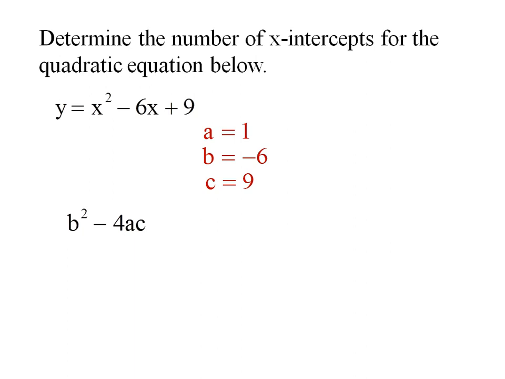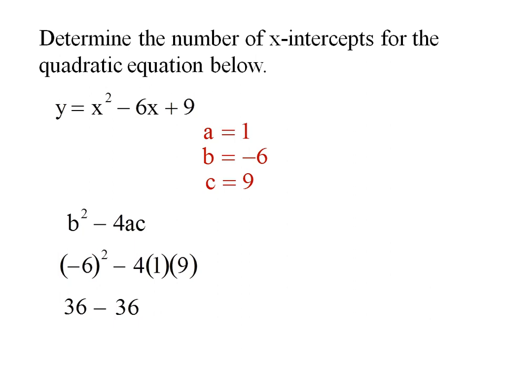So when you substitute in your values for b squared minus 4ac, you end up with, again, don't forget parentheses, -6 squared minus 4 times 1 times 9. And Aunt Sally would appreciate it if you used her rules correctly. So this negative times a negative becomes a positive 36, minus 4 times 1 times 9 is 36.